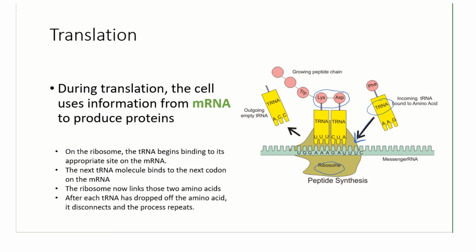After each tRNA has dropped off the amino acid, it will disconnect, and the process will just keep going. More tRNA will come and land, the ribosome will move along and pump out the amino acids, and then this one will leave, and it'll just keep on going until the stop codon is reached.